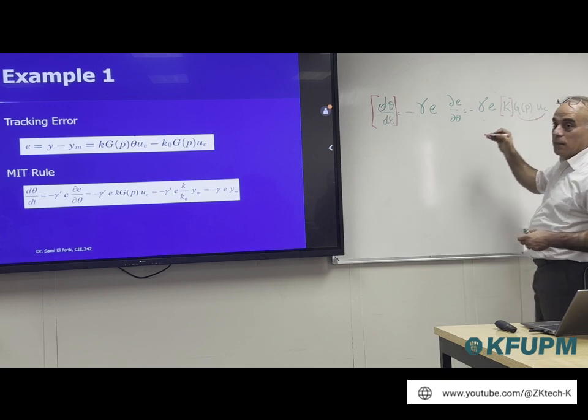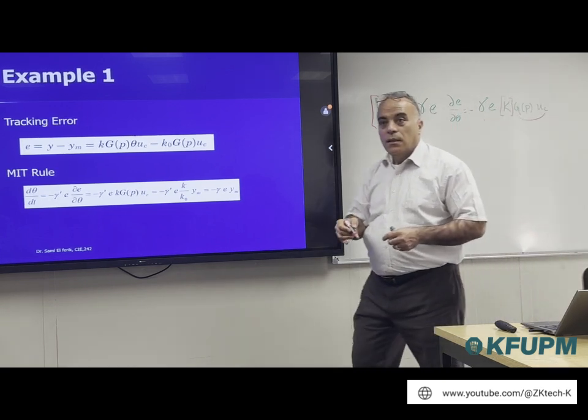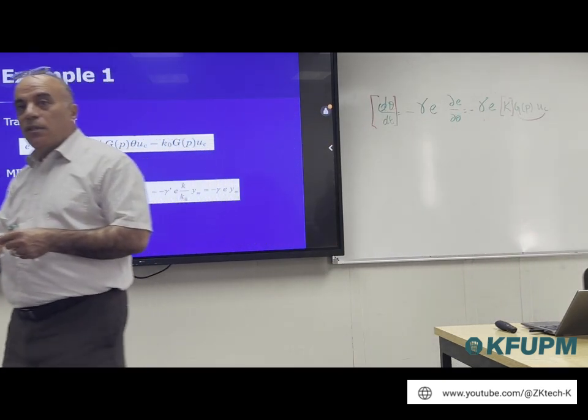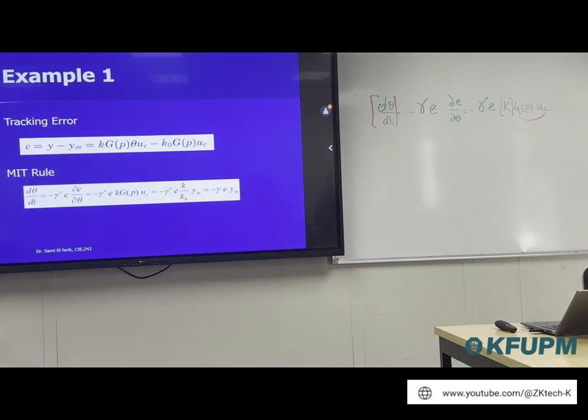This is something that's kind of a response of the system, and it depends on the controller itself. So by itself, if I look at the system, I cannot implement it. I have no idea what k is. So how can I implement this derivative of theta with respect to time? Everybody understood the problem that we have here?